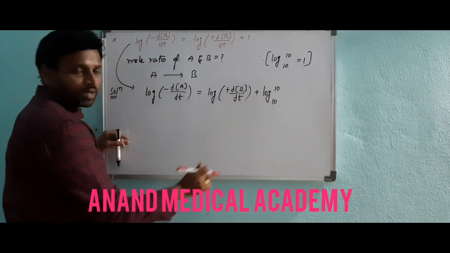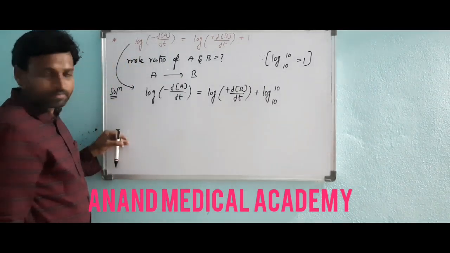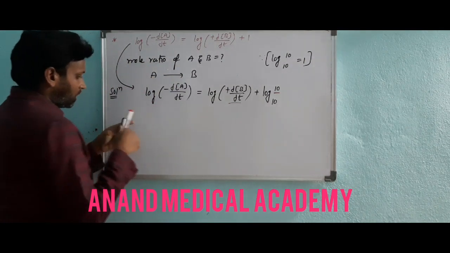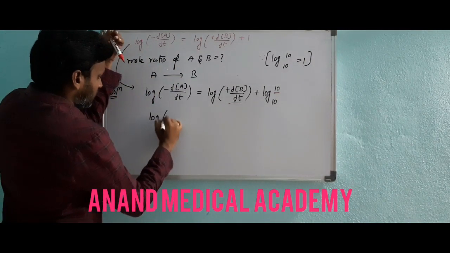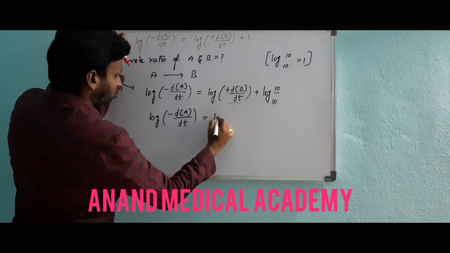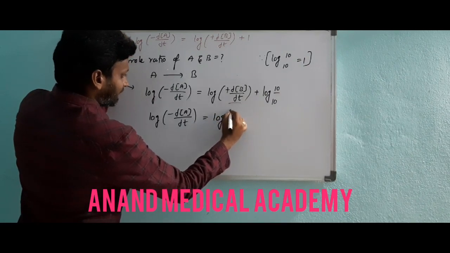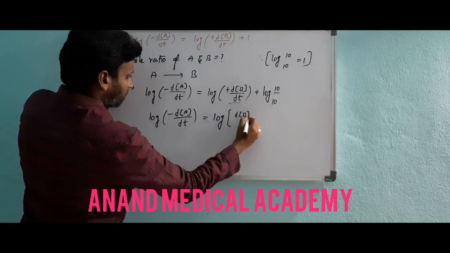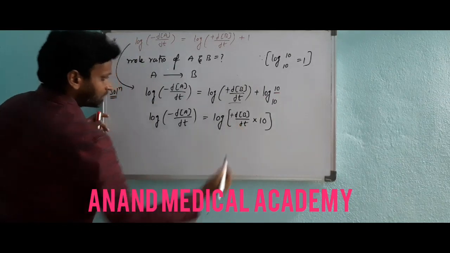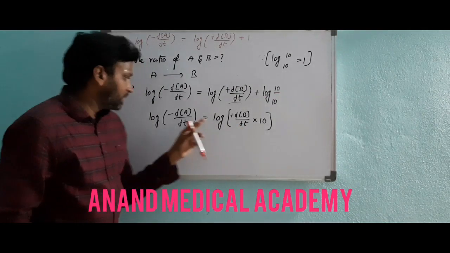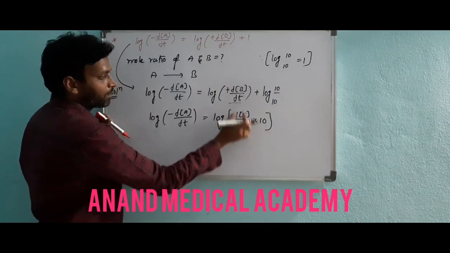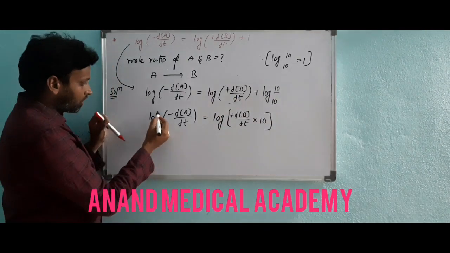But now use the log AB formula: log(AB) = log A + log B. This is A and this is B. So I can say now log(-d[A]/dt) = log(d[B]/dt × 10), and it's plus, right? So here you have one clarity: log AB formula, log A plus log B. Now you can cancel the logarithm.